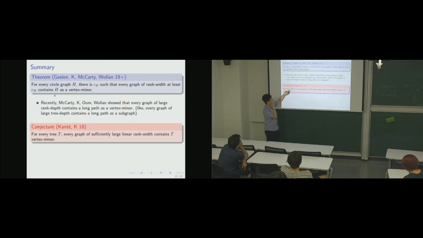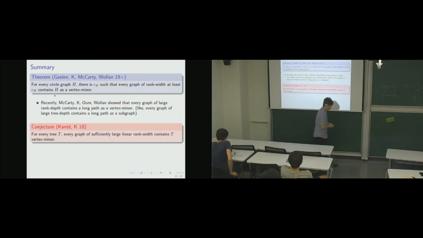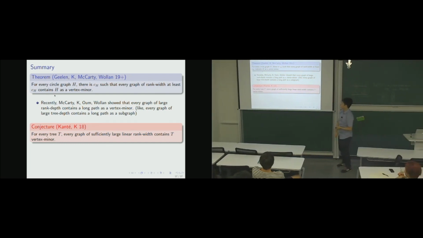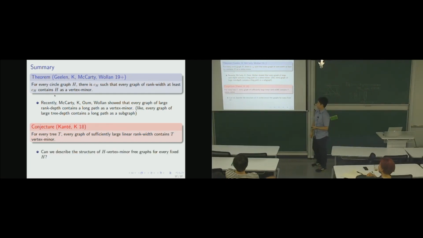In the path-width case, we know that for every tree T, every graph of sufficiently large path-width contains T as a minor. Can you obtain something similar for vertex-minor? We tried to think about it for quite a long time, but we don't have much progress. So this is the remaining part of this work, I think.